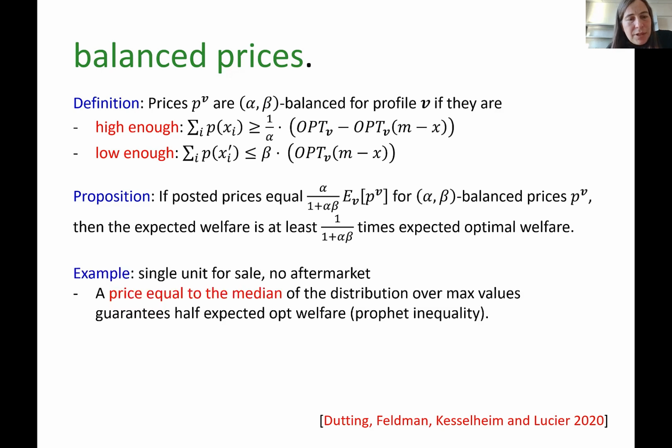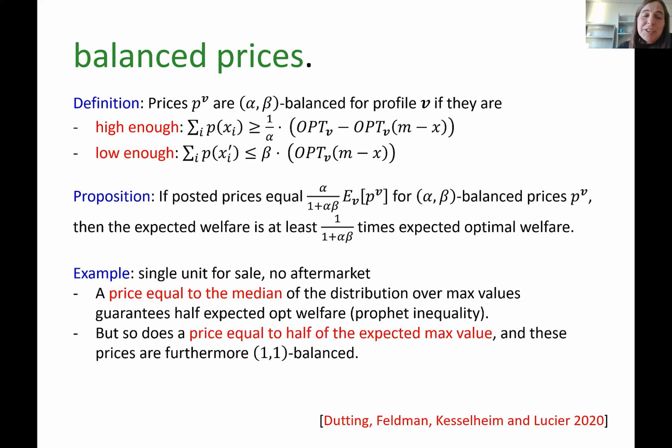So we saw before that a price equal to the median of the distribution over max values guarantees half the optimal welfare. This was the Samuel-Kahn result. There's another famous result that was derived in the computer science community by an undergraduate who didn't understand the proof in class. This is Matt Weinberg, who's now a professor at Princeton, and he restated the proof differently and ended up with a new proof of how to sell a single unit and guarantee welfare.